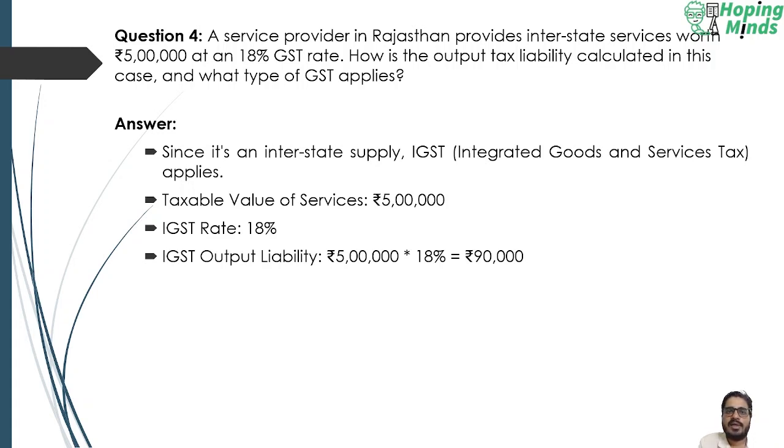Since this is an interstate service, we have to charge IGST and not CGST and SGST. In case of interstate supplies, IGST is charged, and in case of intrastate supplies, CGST and SGST is charged. So here, since it's an interstate supply, IGST, that is integrated goods and service tax, applies.